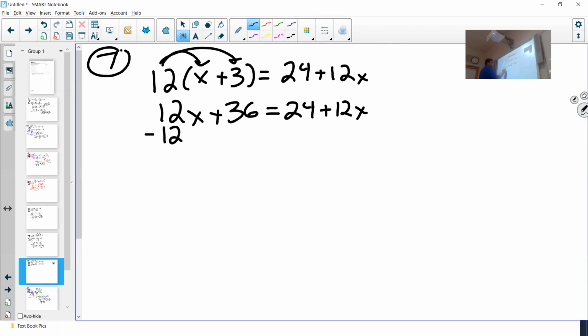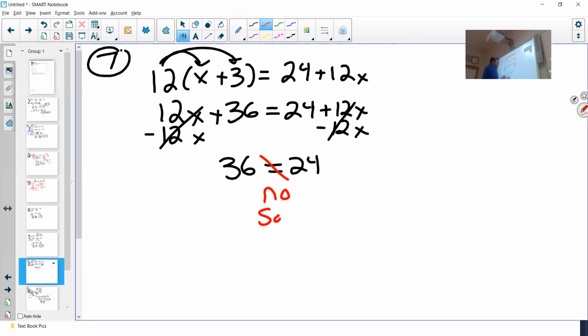They happen to be the same size. If you notice your x's are the same size, you know something's going to go wrong. Or interesting, maybe. I shouldn't say wrong. So now I look. 36 is not equal to 24. Because it's not equal to 24, this is a no solution.